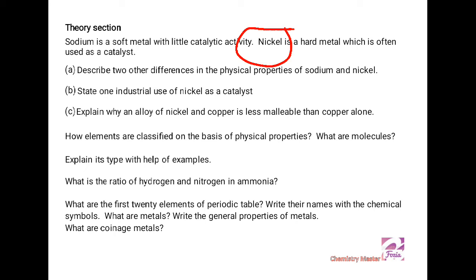In the alloy, some of the added ions, which are larger in size, distort the metal lattice, and this alloy becomes harder. The mixtures become harder, less malleable and less ductile than the pure metal. That is why copper alone in its pure form is more malleable as compared to its mixture with nickel ions.